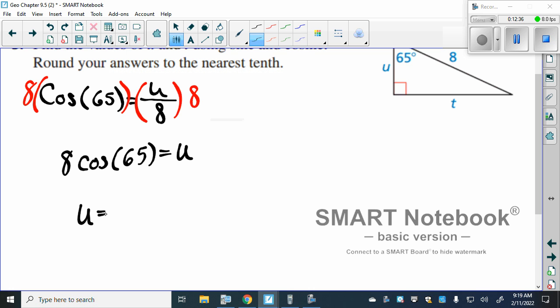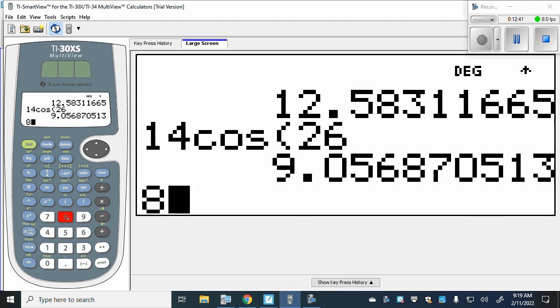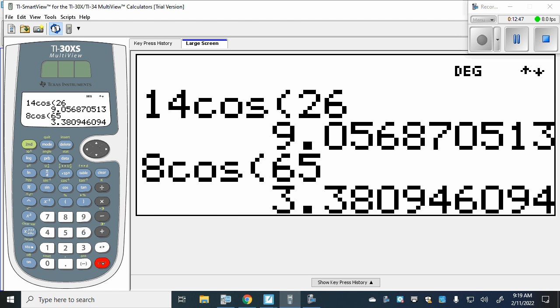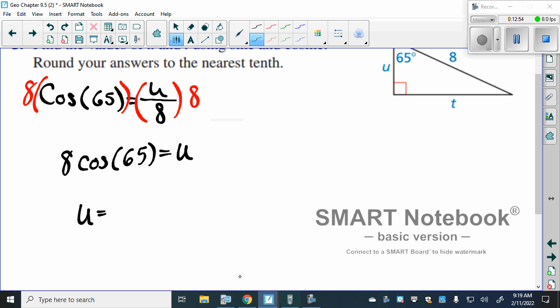Now at this point here, we just need to type in 8 cosine of 65 into the calculator. So 3.38, which would turn into 3.4. So the value of u is 3.4.